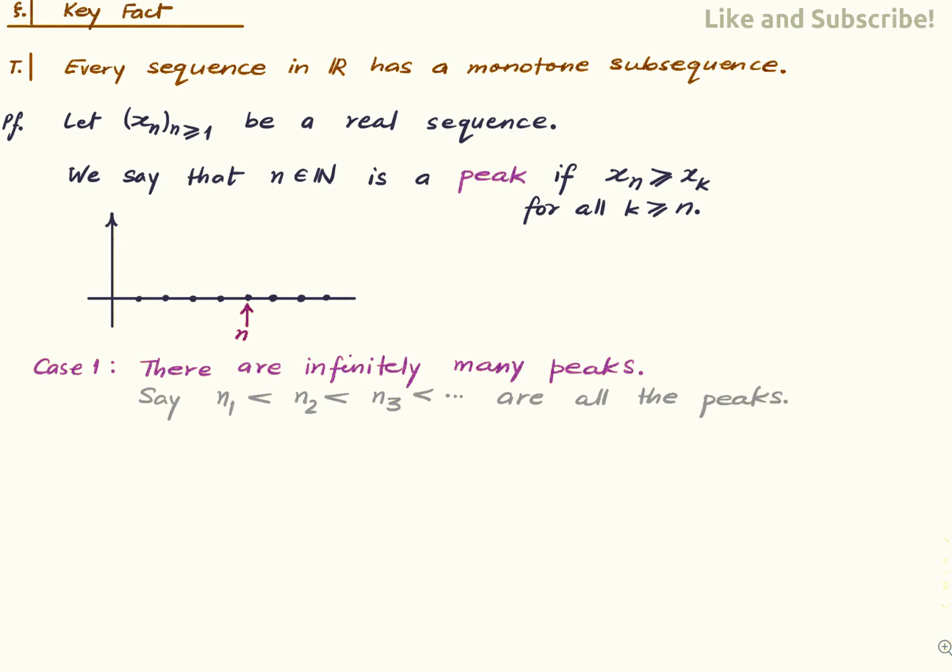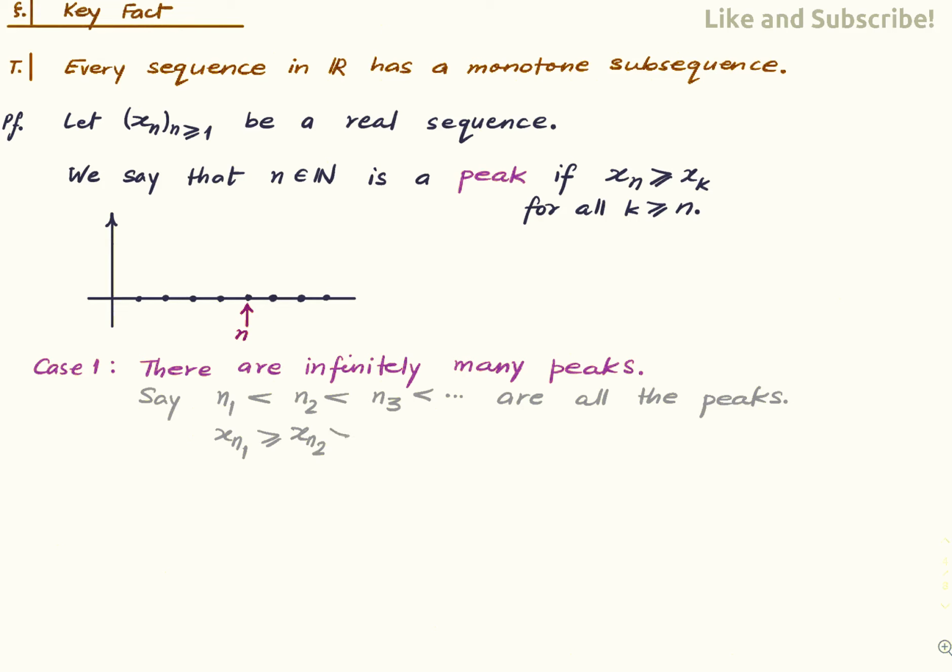If there are infinitely many peaks, you should be able to find an increasing sequence of natural numbers such that all of them are peaks. But now, since n1 is a peak, x n1 dominates xk for each k coming after n1, and therefore in particular it dominates x n2, immediately from the definition of a peak.